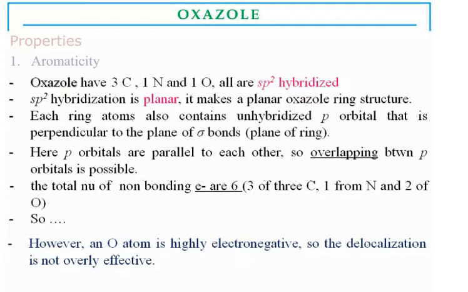The total number of non-bonding electrons is 6: 3 from 3 carbons, 1 from nitrogen and 2 from oxygen. However, an oxygen atom is highly electronegative, so the delocalization is not overly effective. This is important.